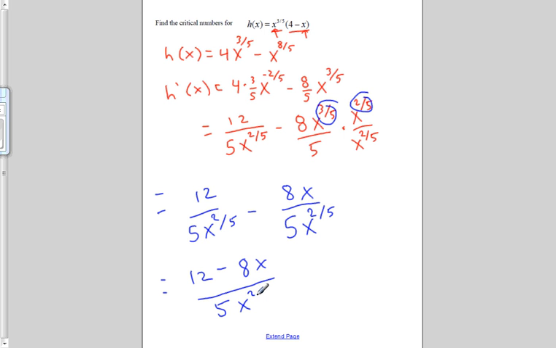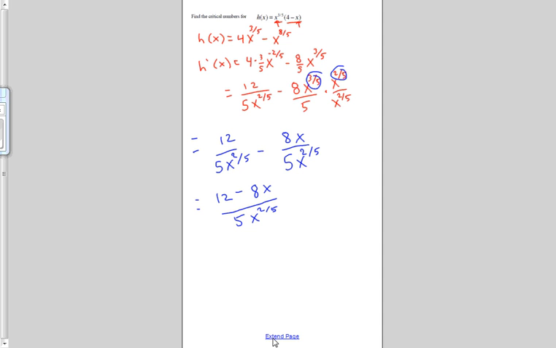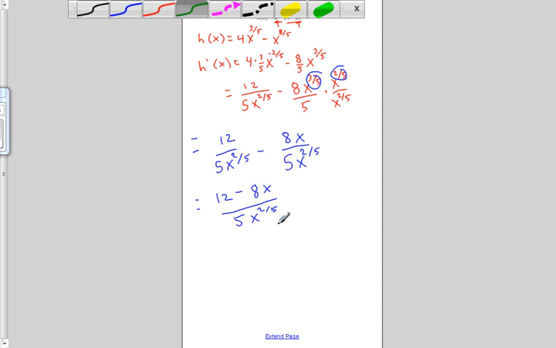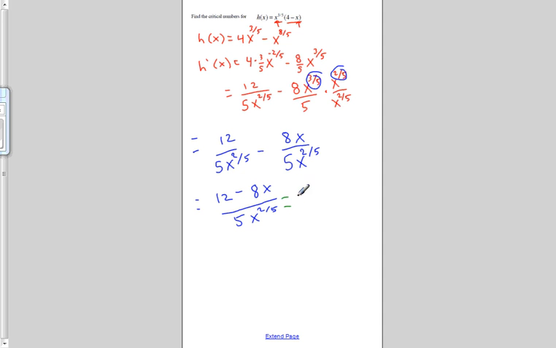And we want to know the critical number, so we want to know when that is 0. It might be worth, just for clarity's sake, factoring the top, and we could factor out a 4, and we get 3 minus 2x.